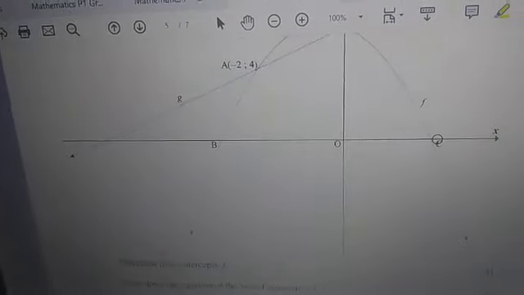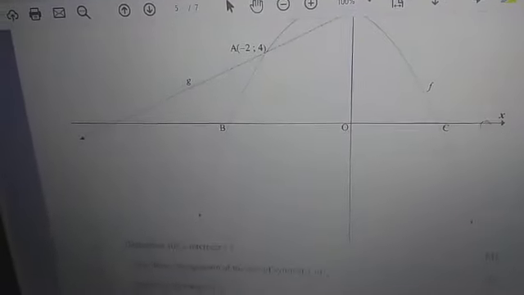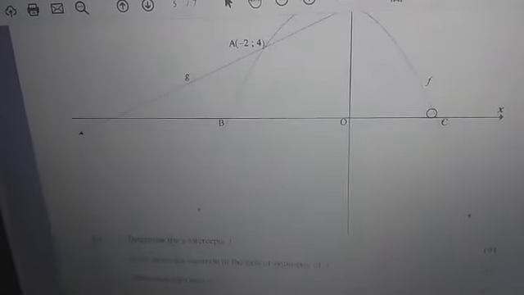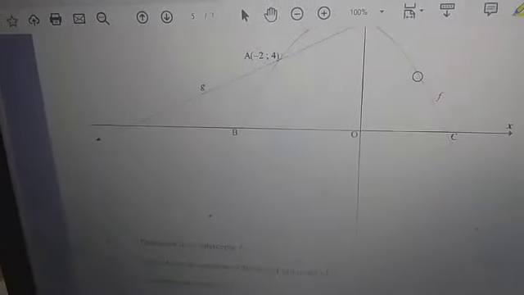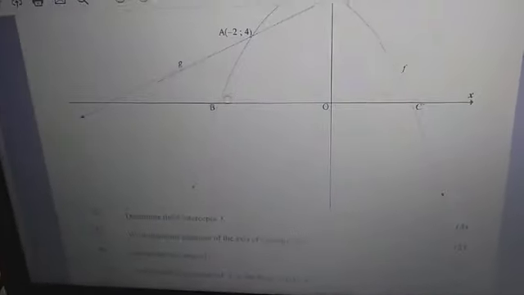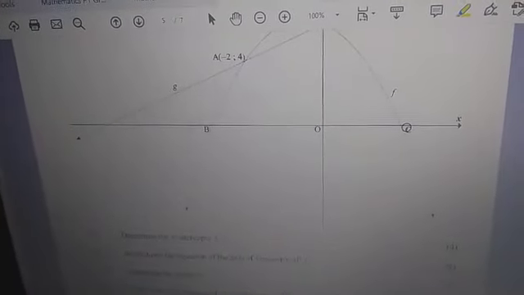Even on this side, if we move in this direction of x, the graph is negative. But if we move this side, the graph is positive because it's above 0. Meaning x has to be between -3 and 2 here.